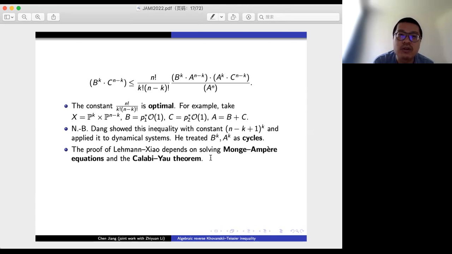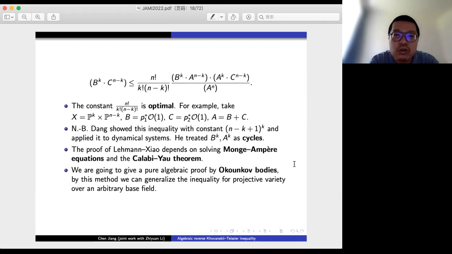And when I first saw this, actually last year I invited Xiao to give a talk in Fudan, and I asked him whether there's an algebraic proof, but he said no. So then we started to consider, as we can see that when k is 1, this is just by Lehmann's formula, so it has a very simple and nice algebraic proof. So we started trying to give a purely algebraic proof, and then actually we can show it.